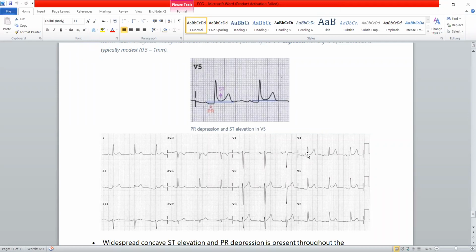Normally, only R and S waves are present in a normal ECG. This is the R wave, and look at this segment, the PR segment. It is depressed relative to the reference line.